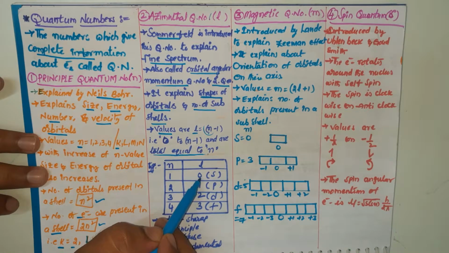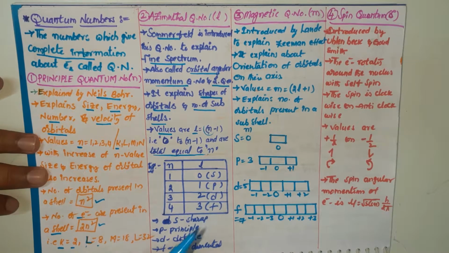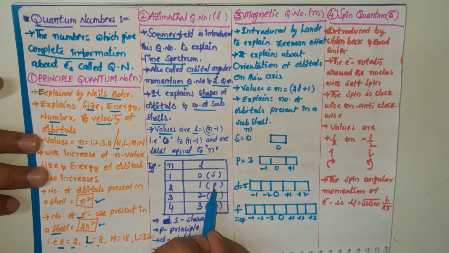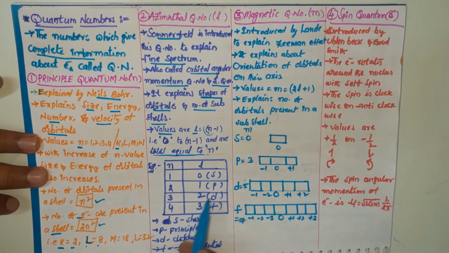What is 0? If the l value is 0, it is an s orbital. It's fixed, students: 1s, 2s, 3s, any s orbital has l value 0. The l value of a p orbital is always 1. The l value of a d orbital is 2. The l value of an f orbital is 3.